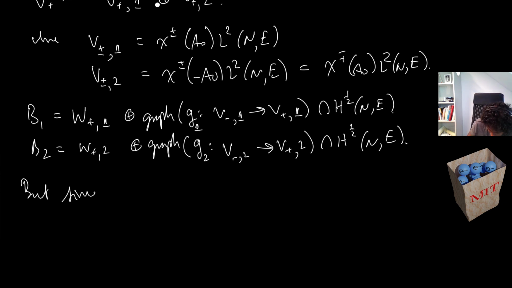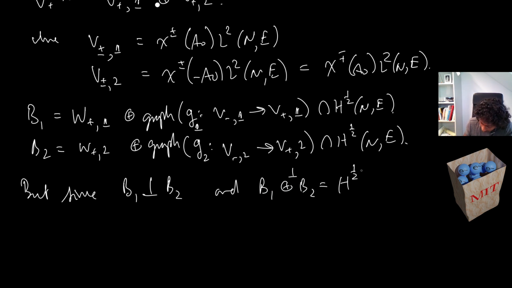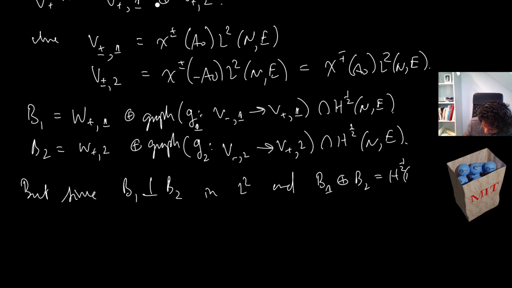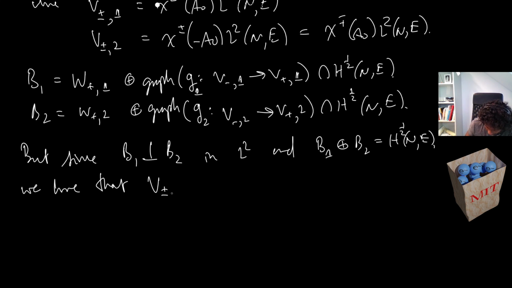But since B_1 is orthogonal to B_2 in L2, and B_1 plus B_2 equals H^{1/2}(N E), we have that V plus/minus 2 is equal to V minus/plus 1, and W plus/minus 2 is equal to W minus/plus 1.